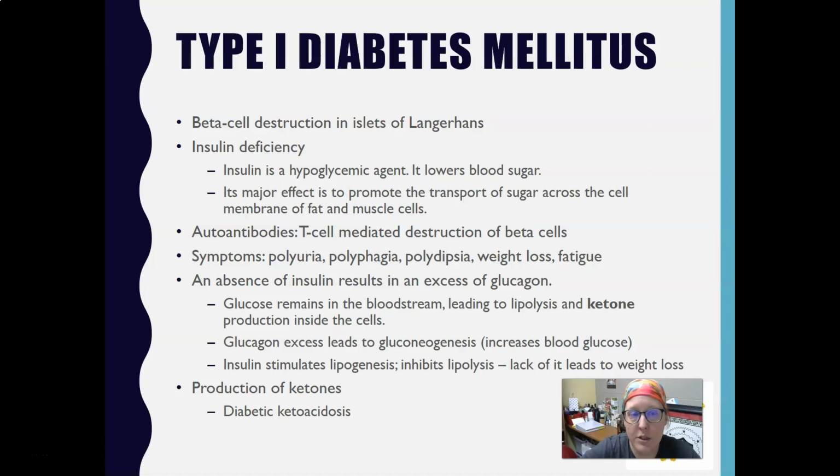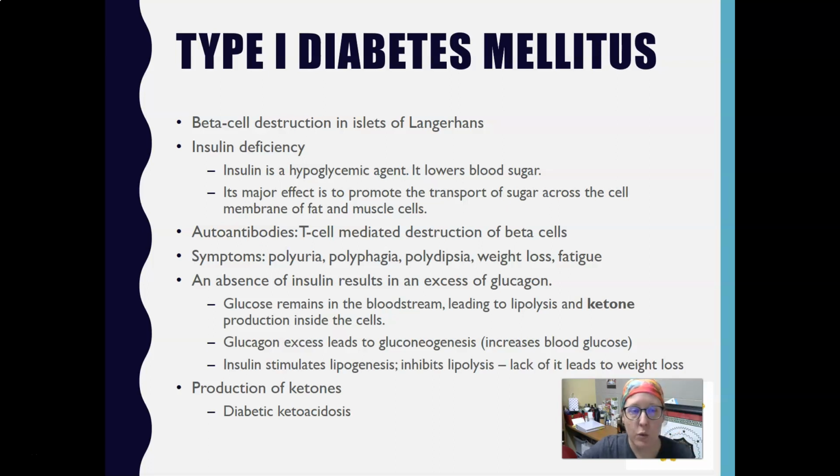Do make that distinction, okay? So insulin kicks in to lower blood sugar. The major effect of insulin is to promote the transport of sugar across the cell membrane of fat and muscle cells, so your fat and muscle cells can use the glucose to make ATP.